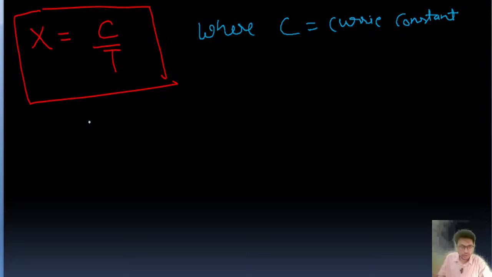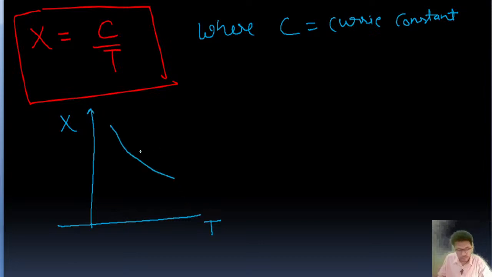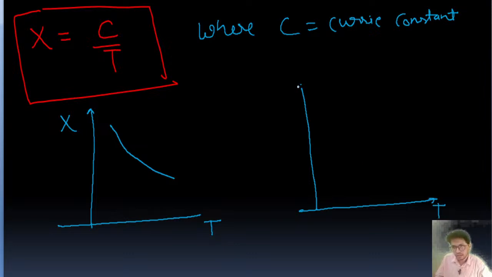If you draw the graph between temperature and chi for a paramagnetic substance, the graph is going to be like this. And if we draw the graph between temperature and 1 upon chi, where chi is the magnetic susceptibility of the paramagnetic substance, then we get a straight line going from the origin.